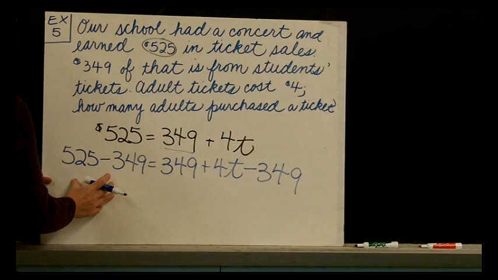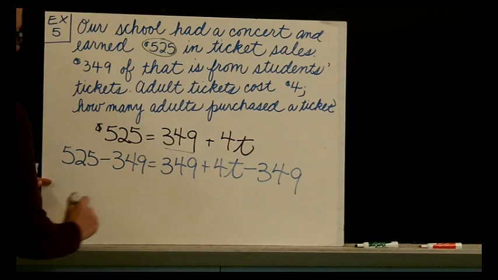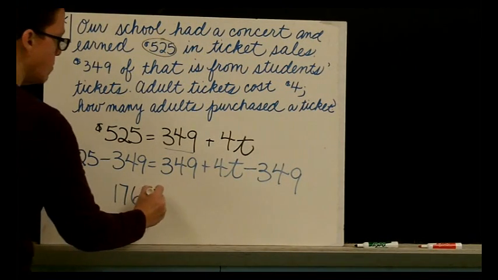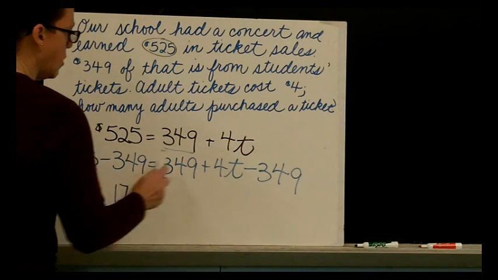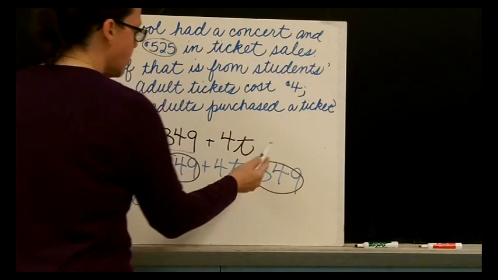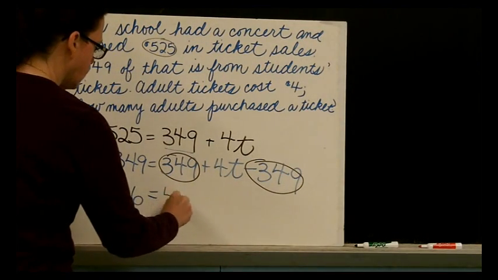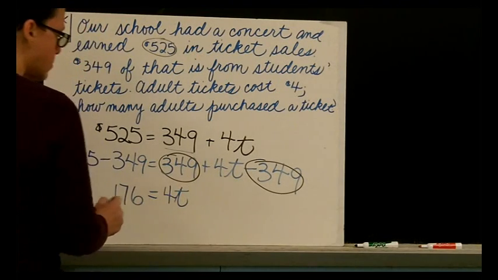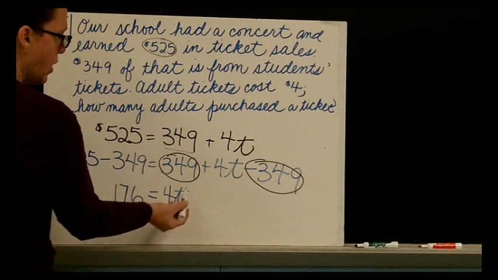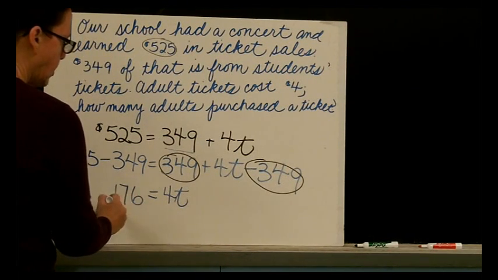When we simplify the left side, we have 525 minus 349, and that gives us 176. Over here, our positive 349 and our negative 349 together make a 0, and that leaves us with 4t. And you know by now, you could probably do this in your sleep. The t is being multiplied by 4, so we have to do the opposite of that.